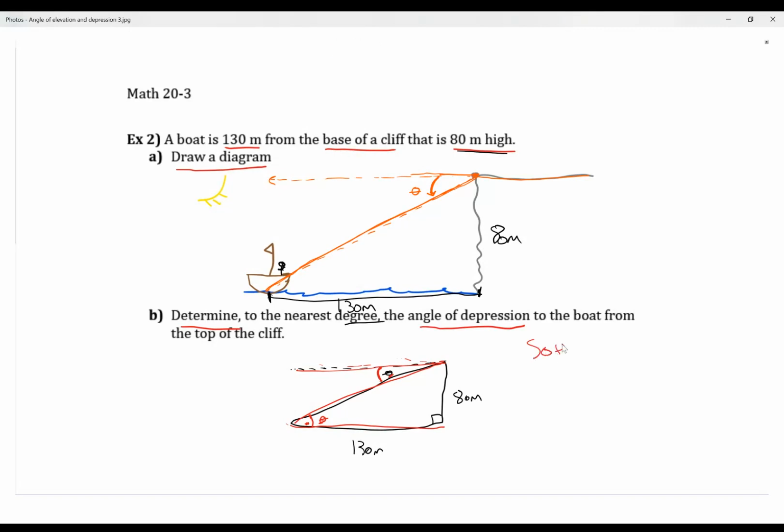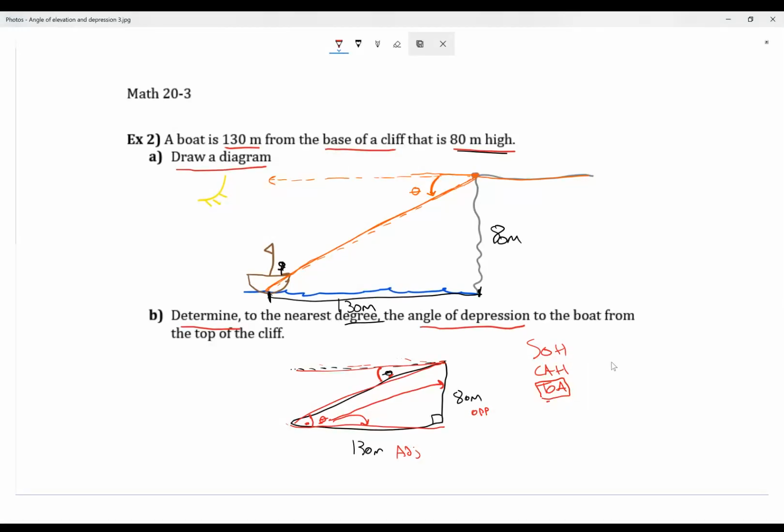So let's use some trigonometry to do that. If I think of SOHCAHTOA, SOHCAHTOA tells me that if I have the opposite and the adjacent to the angle, I can use tan. So if I'm going from this angle here, the side across the triangle, or the opposite side to that angle, is 80 meters. I also have the adjacent side to that angle, which is 130 meters.